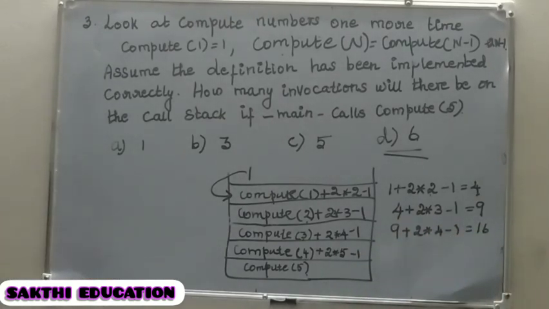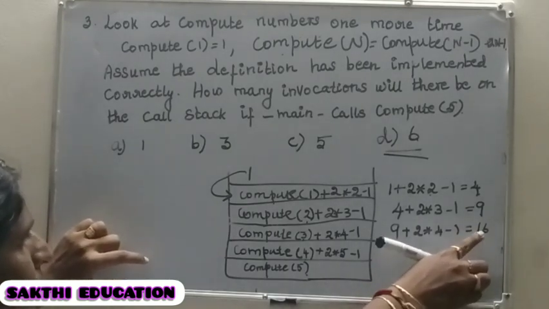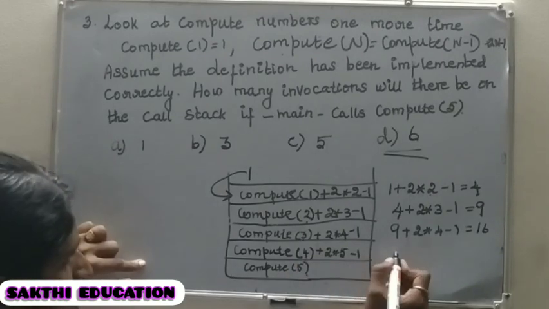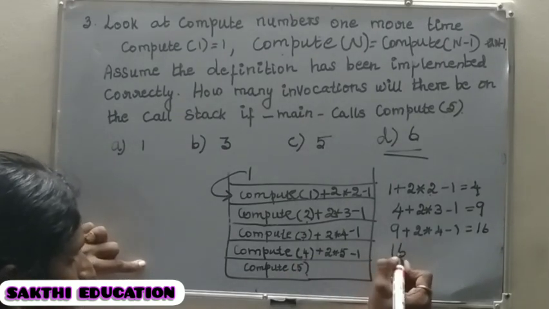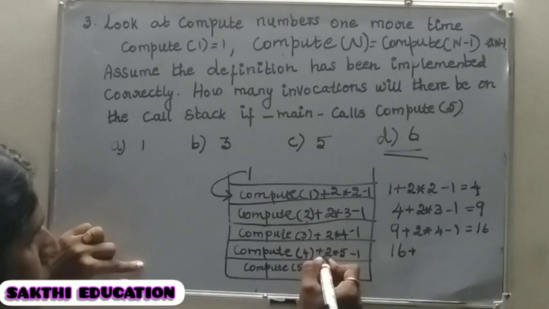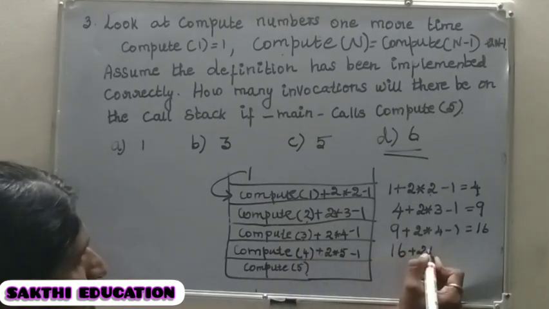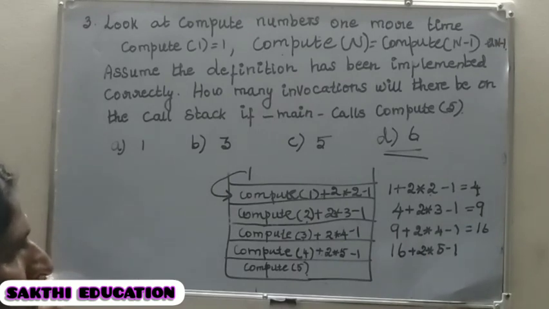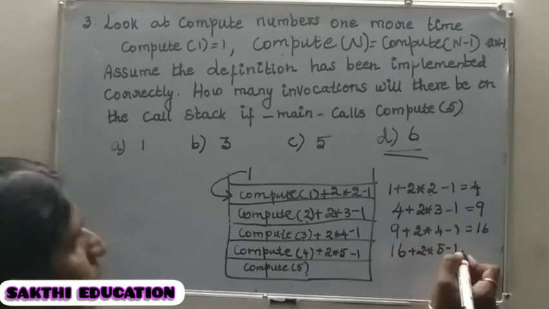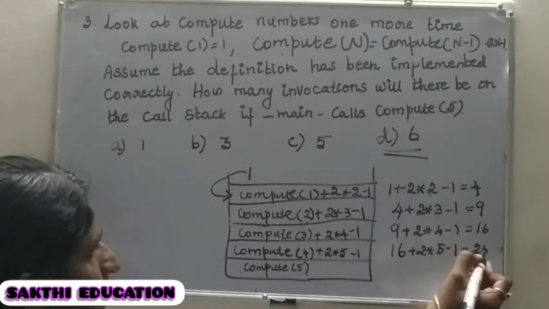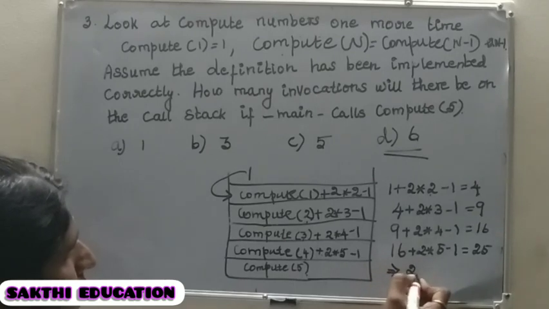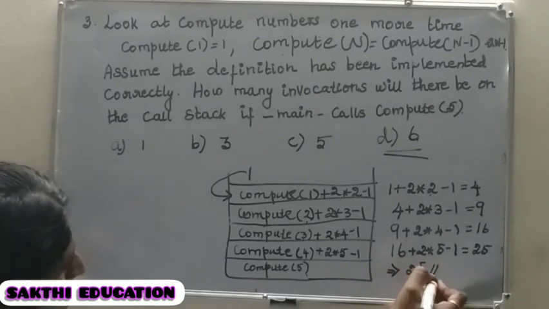Now this 16 will return back to compute of 4. For compute of 4 you got the answer 16 plus 2 into 5 minus 1. 2 into 5 is 10, 10 minus 1 is 9, 16 plus 9 equal to 25. Compute of 5 equal to what? The main answer you got is 25.